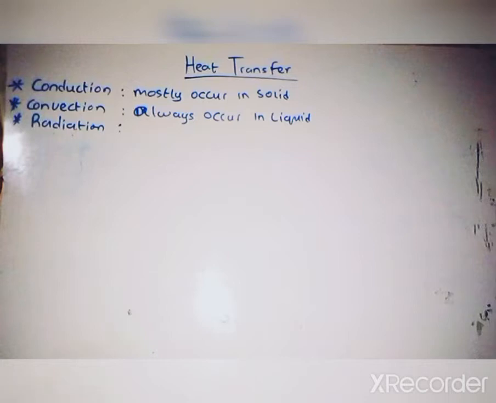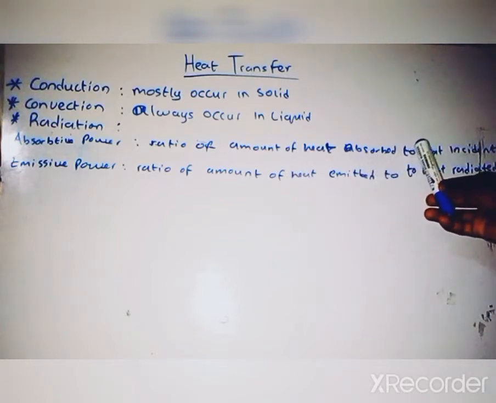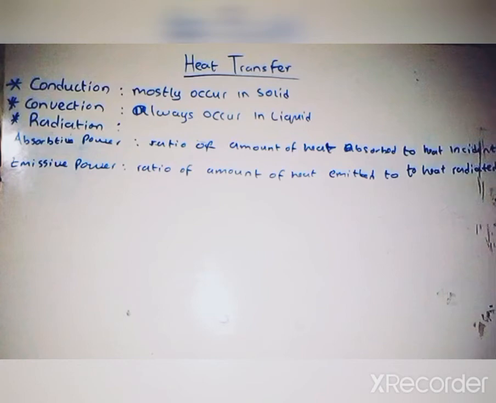Now let's move to emissive power. So absorptive power is the ratio of the amount of heat absorbed to the amount of heat incident. So that is the ratio of heat absorbed to heat incident, or heat reflected. So emissive power is the ratio of the amount of heat emitted to the heat radiated.